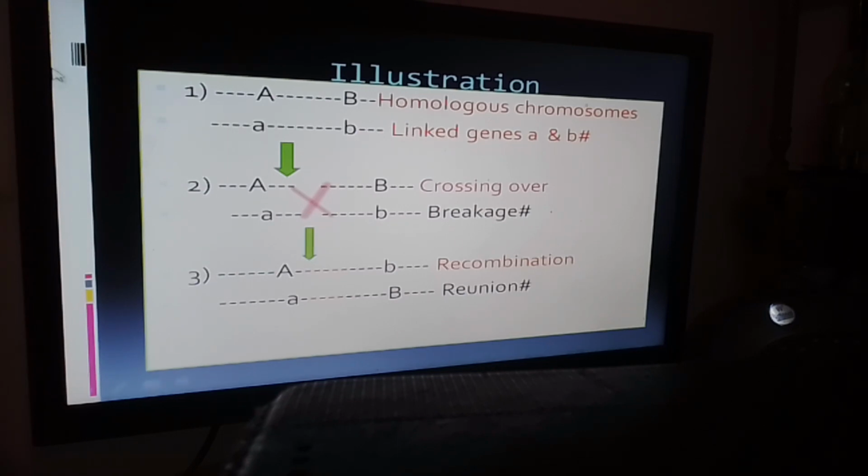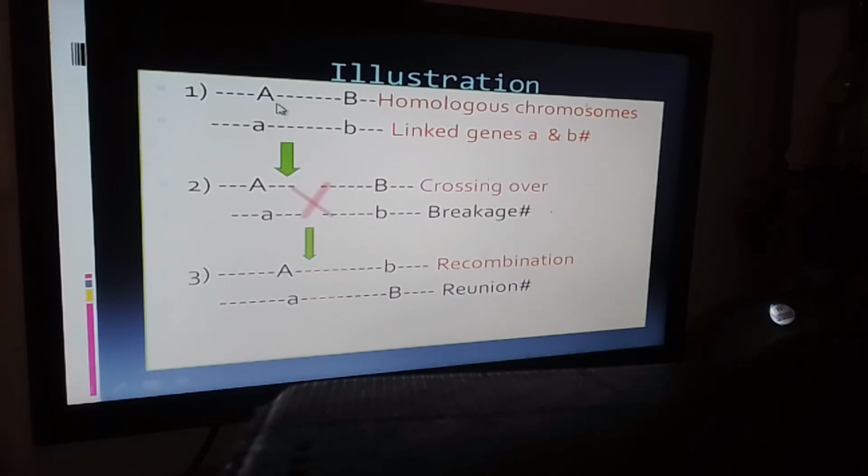Anyway, the genes which are on one chromosome are on the same line, so they are said to be linked genes, and the relationship among these genes on one chromosome is said to be linkage.